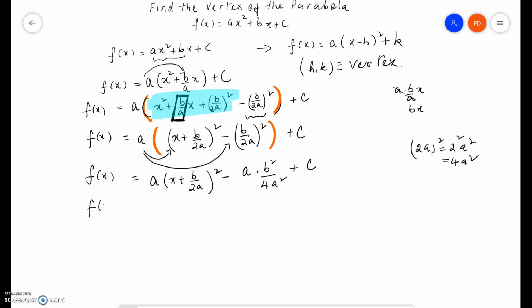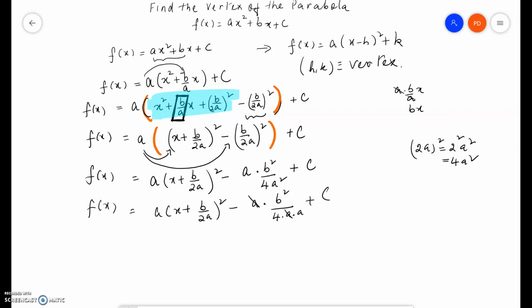So f of x is equal to a times x plus b over 2a the whole squared minus ab squared over 4 times a plus c.